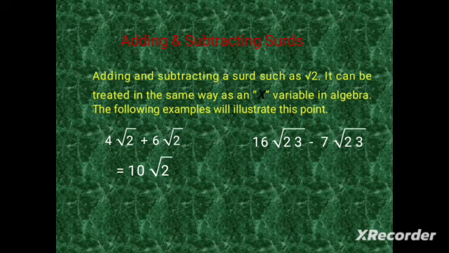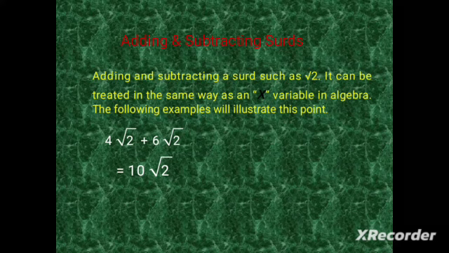So you realize that the surd there, which is square root of 2, has been treated as x, so that when we have 4x plus 6x, you get 10x, but now our x in this case is square root of 2. So the answer will be 10 root 2, or 10 square root of 2.